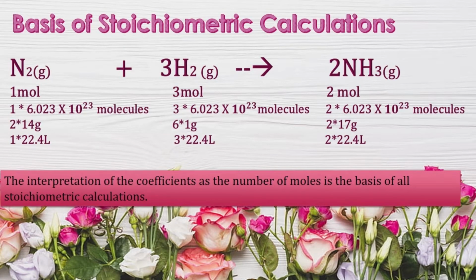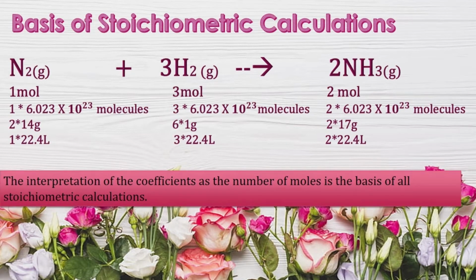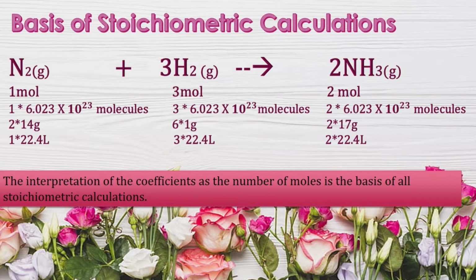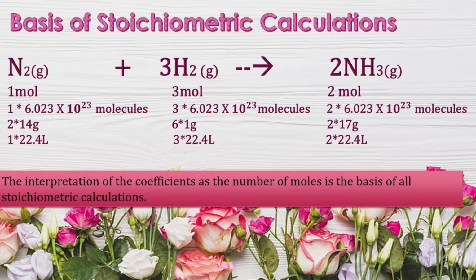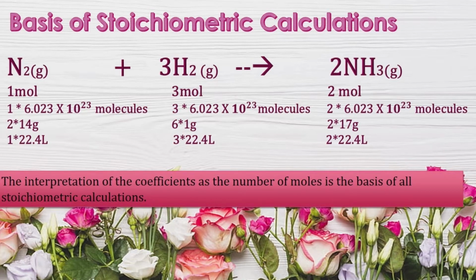So, 1 mole of nitrogen, that is 6.023 into 10 to the power of 23 molecules of nitrogen, will combine with 3 moles of hydrogen, that is 3 into 6.023 into 10 to the power of 23 molecules of hydrogen, to form 2 moles of ammonia, that is 2 into 6.023 into 10 to the power of 23 molecules of ammonia.